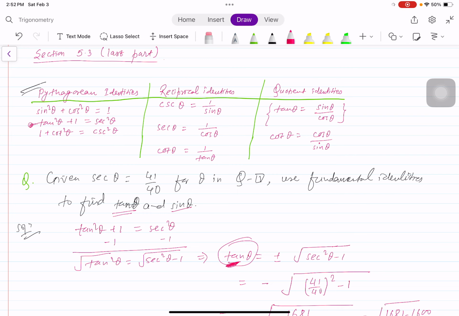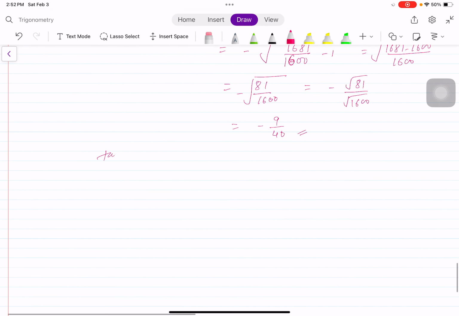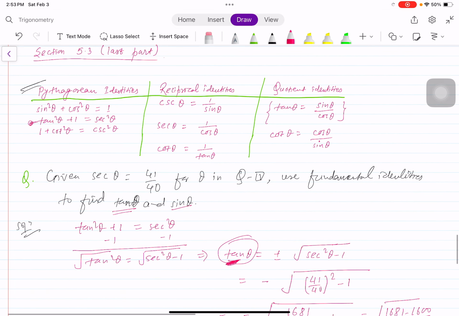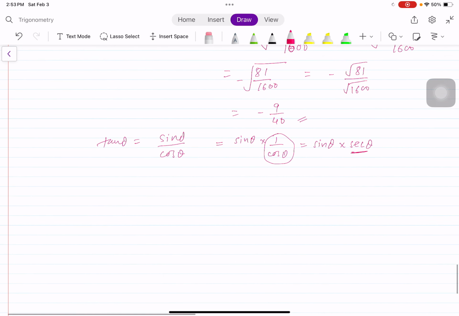So I choose tangent equals sine over cosine, and then I plug in the values. But before I do that, I can modify the right-hand side and write sine theta times secant theta, because 1 over cosine is the reciprocal of secant, so it can be replaced by secant. Now I plug in the values of all known things.